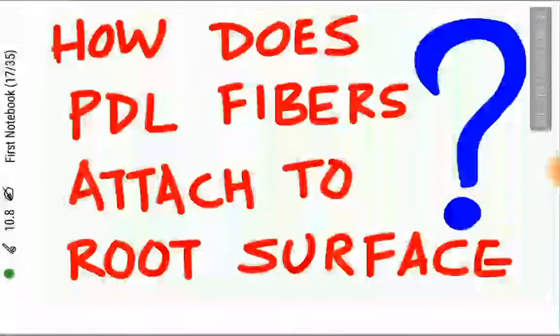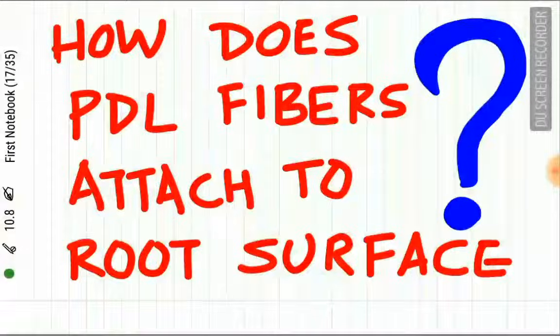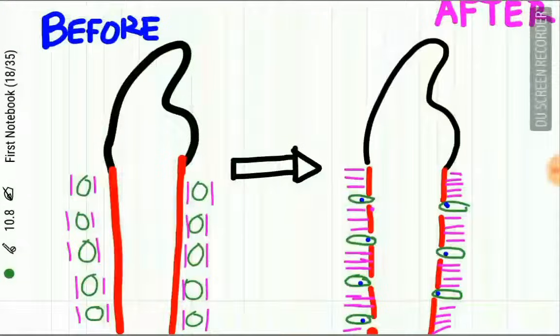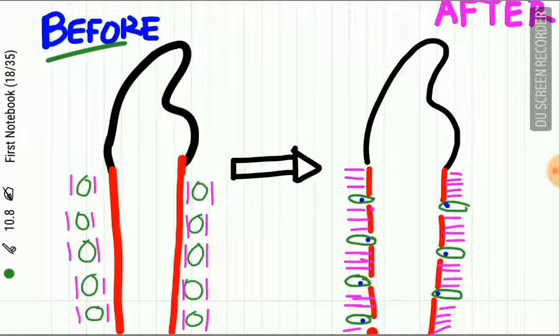Now, the question arises, how do the periodontal fibers attach to the root surface? Let's see. Before the onset of cementogenesis, these are the cells of the dental follicle proper.